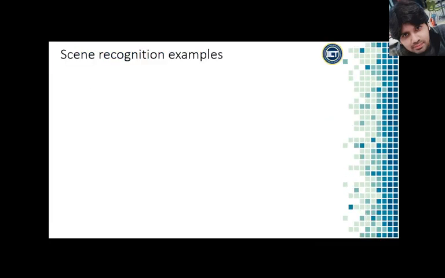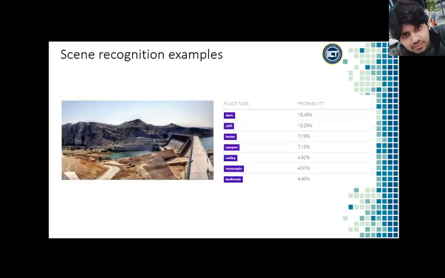These are some of the scene recognition examples which I have re-engineered so far. You can see that for this image, the place tags returned are dam, which has a probability of 18.46%, and cliffs, canyon, and valley. These have probabilities assigned, and we can find all of these kinds of scenes in this image.